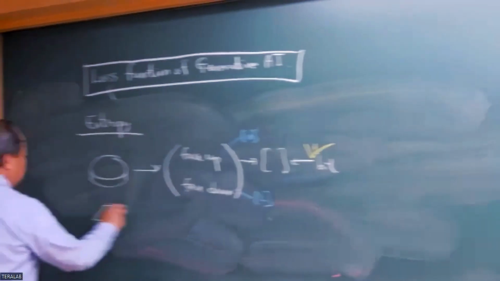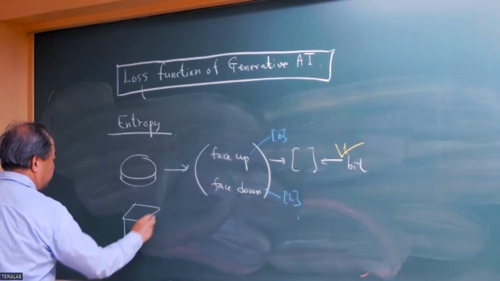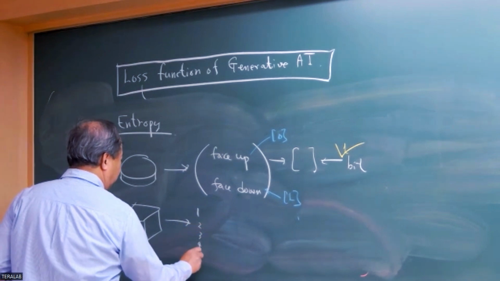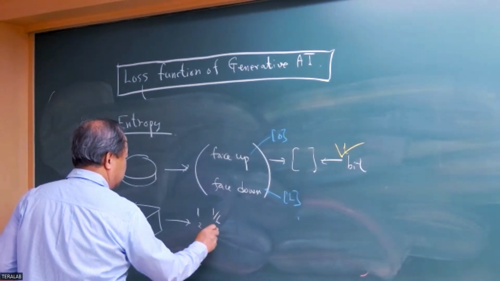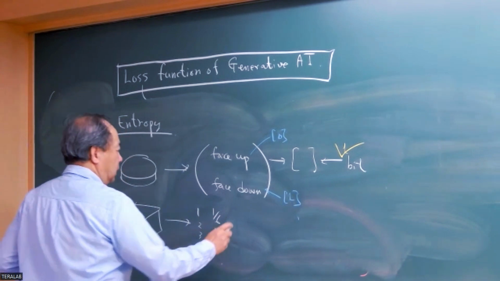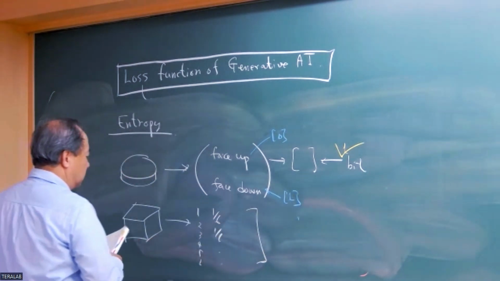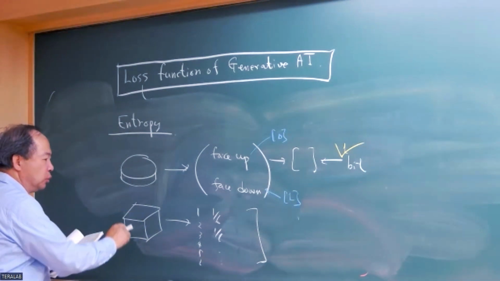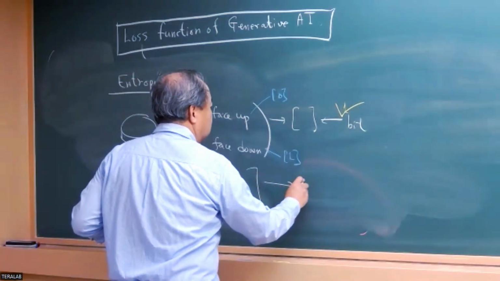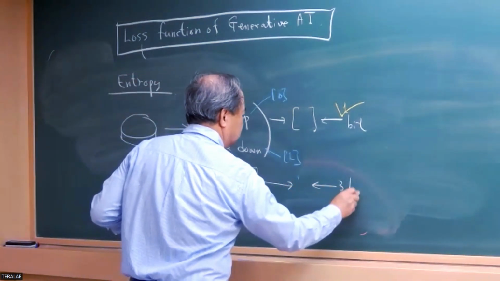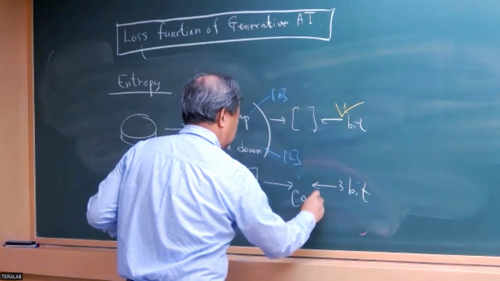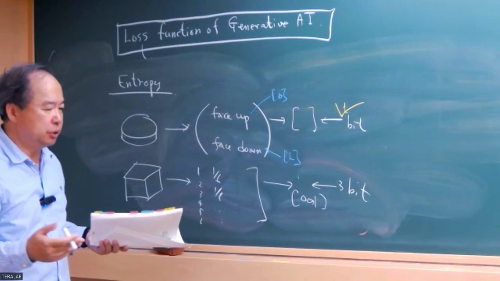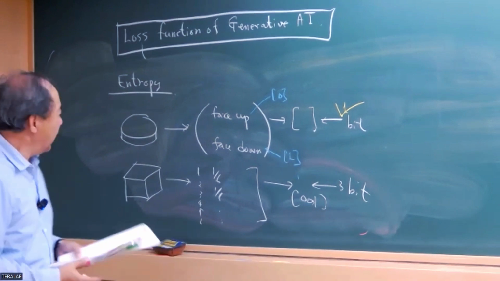However, if you are throwing a cube, the probability of 1, 2, 3, 4, 5, 6 will be 1/6, 1/6, 1/6. So to express the information about the state of this cube, we need 3 bits.